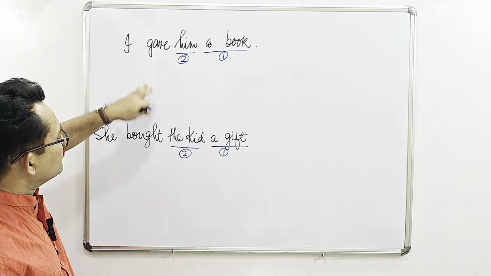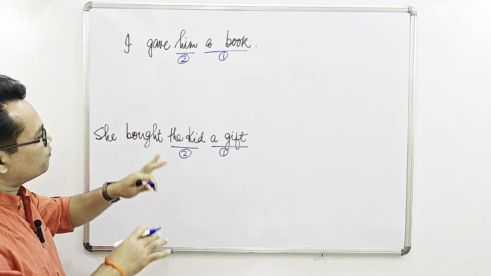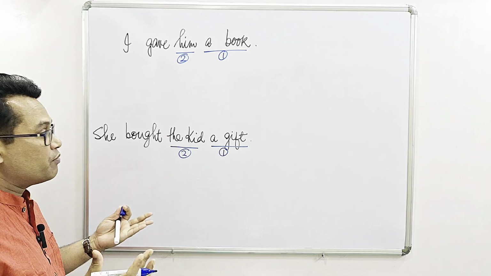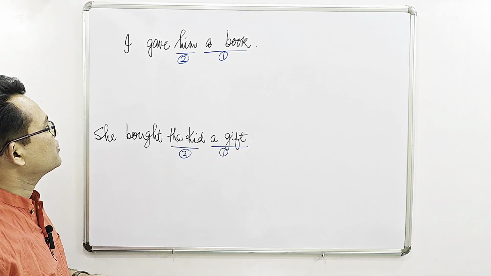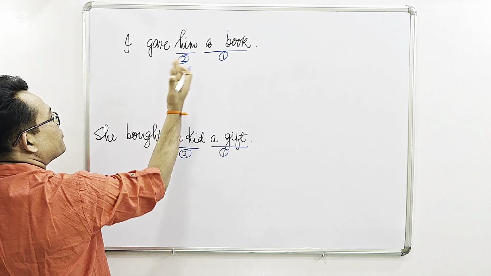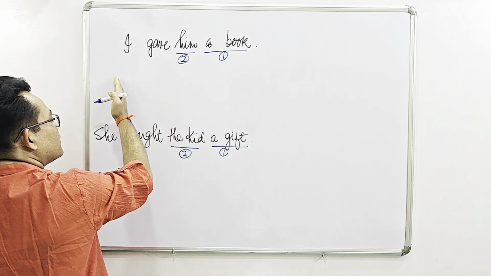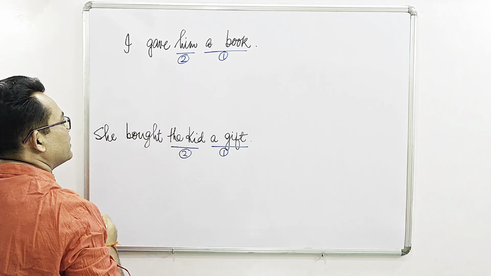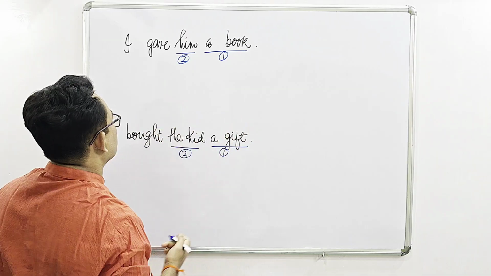Now, if we convert these two active voices into passive versions, we will get two different versions each. For example, here we can have the first object or the second object at the very beginning. Let us just do both the versions.